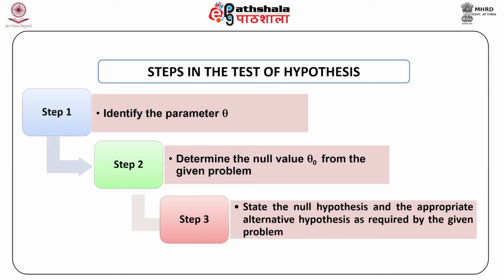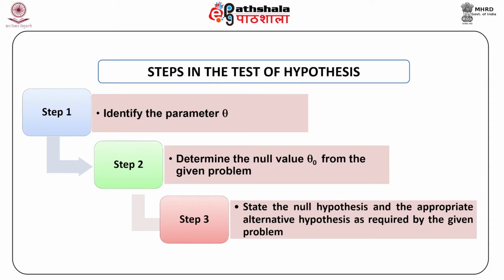The first step is to identify the parameter, say for example theta, which could be population mean mu or population proportion p or variance sigma square, etc. The second step involved is to determine the null value theta 0 from the given problem. So it means specify theta 0.